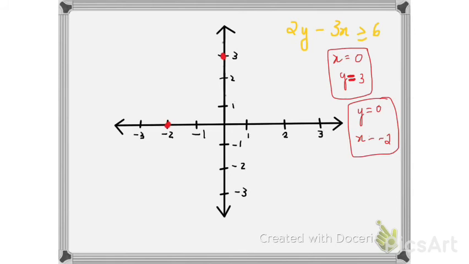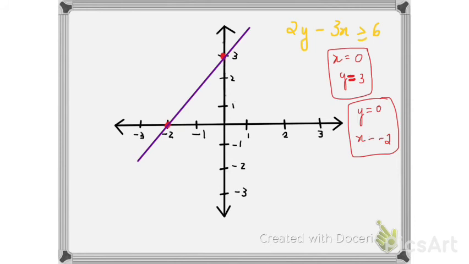For drawing the line, we just connect these 2 points first, and once it's connected, it should be accurately drawn. After it's drawn, we need to find whether we need to shade below or above the line.